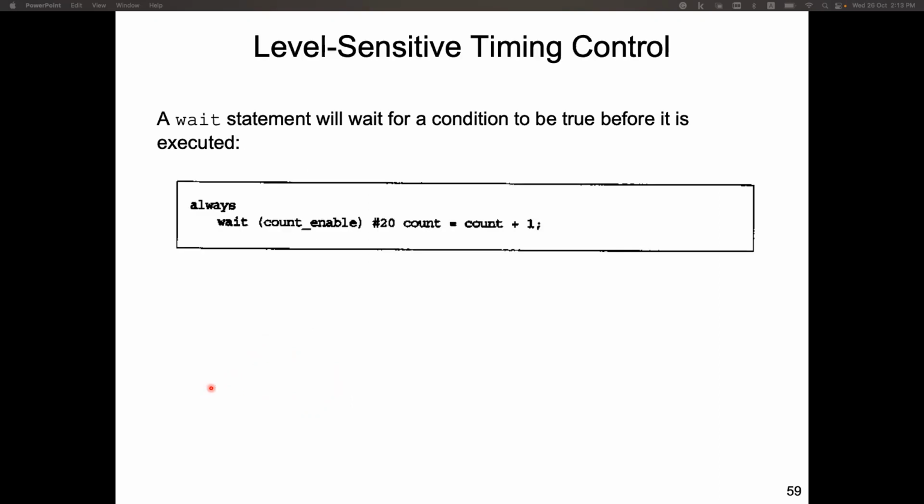The last type of timing control is level sensitive timing control. We use the keyword wait. So the event control discussed earlier waits for the change of a signal value. The symbol @ provides edge sensitive control.